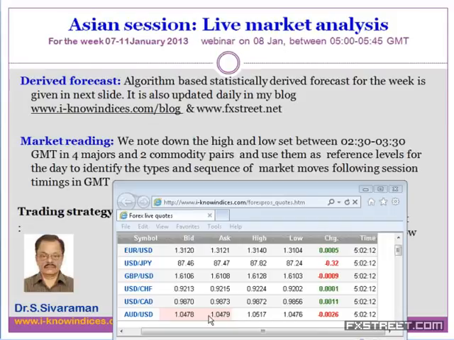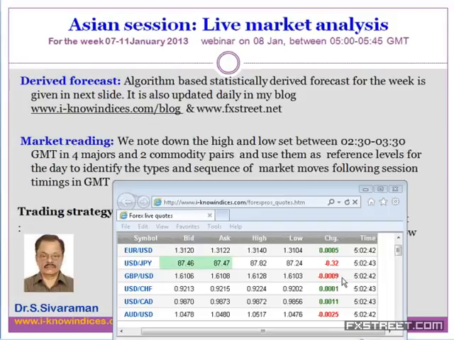Now, when you look into the live market quote page, you come across that euro is making positive net change, and GBP is showing negative net change, and also USD yen is showing negative net change. So euro is making a USD weakening move, and USD yen is making a USD weakening move, but GBP is making a USD gaining move.